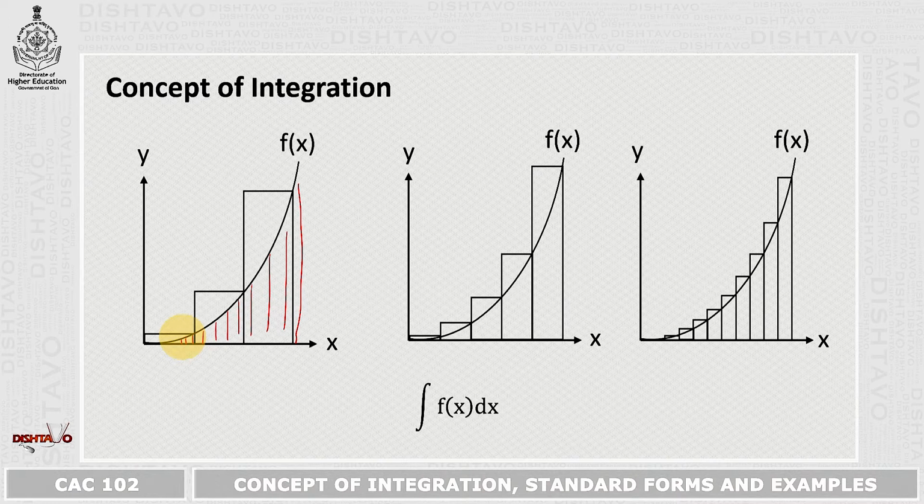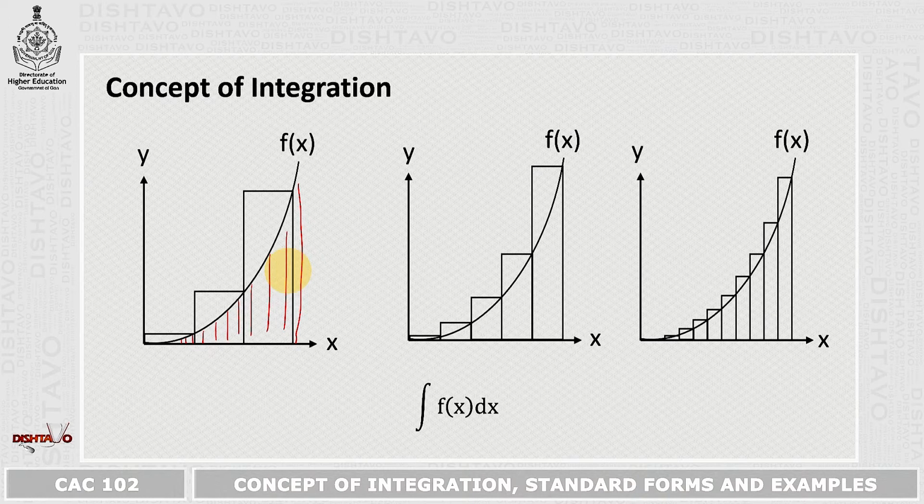And if I want to find the total area under the curve, I will take the sum of the areas of these rectangles. But if you see, we are getting extra area than the desired one.